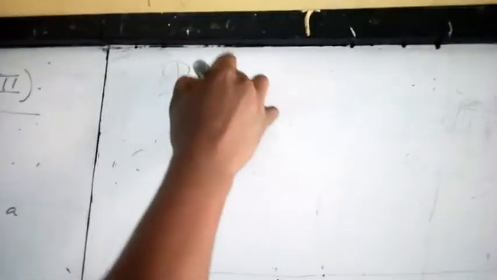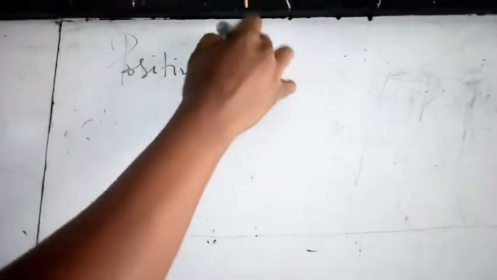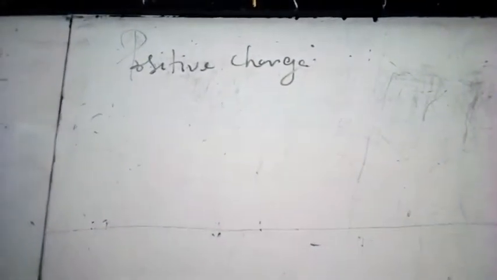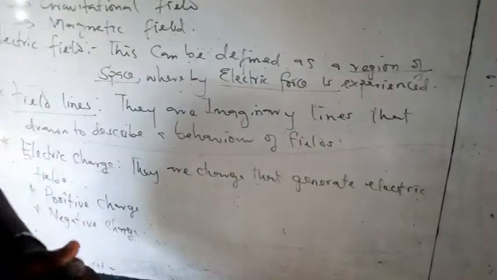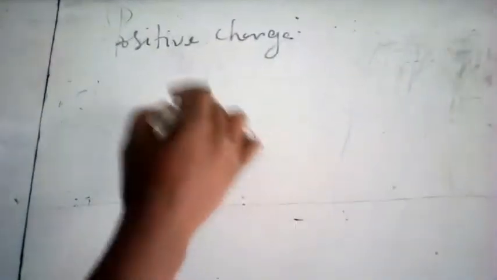The positive charge. What are positive charges? Now we told you that charge generates what? Electric fields. So now we want to look at what positive charges are. Let me just give you what a positive charge looks like.